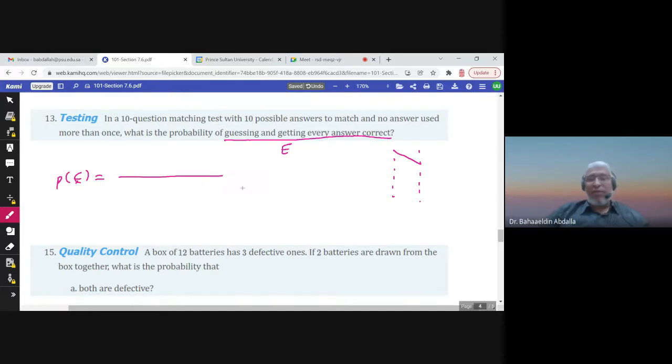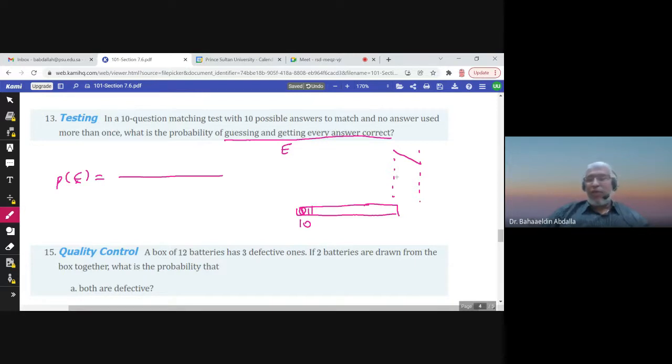And let us talk about the sample space. What is the experiment? I am answering the 10 questions. Okay, let us answer the first question. In how many ways can you answer the first question? Well, I have 10 answers to choose from. So it's 10, times, no answer used more than once.